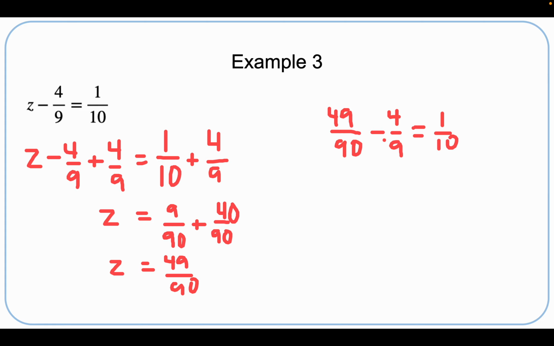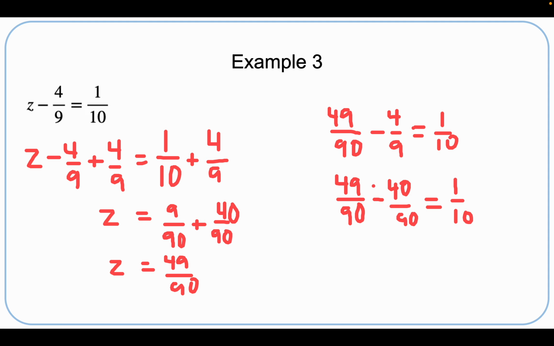Okay, we need common denominators in order to subtract here. So 49/90 minus 40/90 equals 1/10.